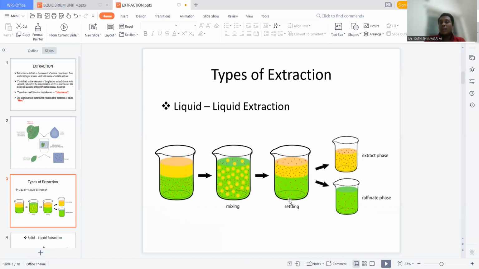After the settling process, the solvent will be equally distributed into the two different liquids. So two different liquid phases are formed, and the liquid phases are extracted into the different types.